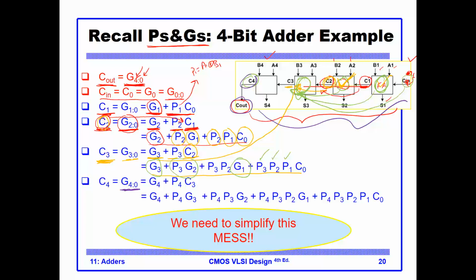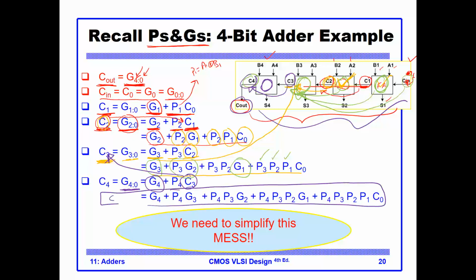Well, either I can generate at bit position 4, or I have C3 and I can move it to C4 by propagation. Now I know that C3, I have computed this, so I plug it in and I get this expression for C4. And it says that C4 is generated by one of the following conditions.